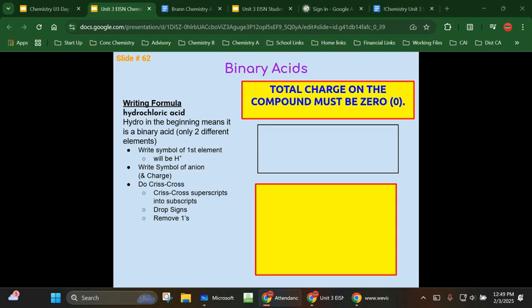We're going to write the H with the plus to begin. Then we are going to write the nonmetal chlorine with its charge. So, hydrogen and chlorine. H plus 1, chlorine minus 1.